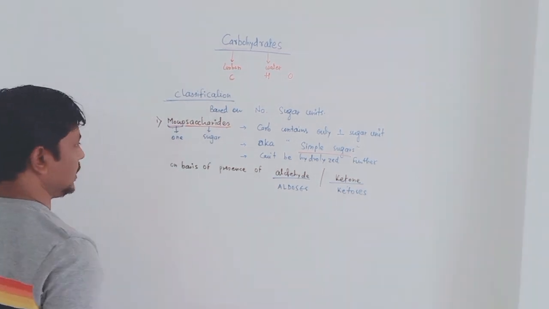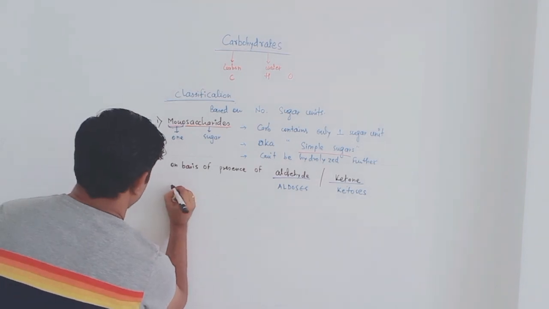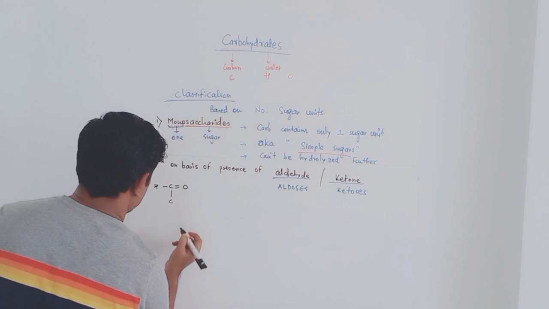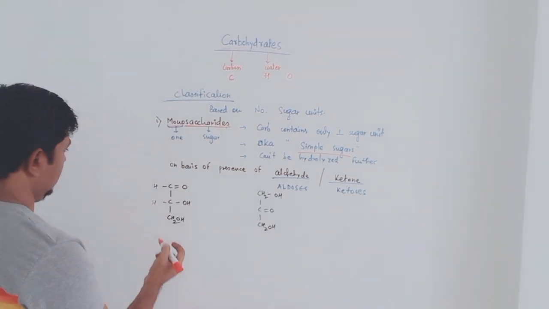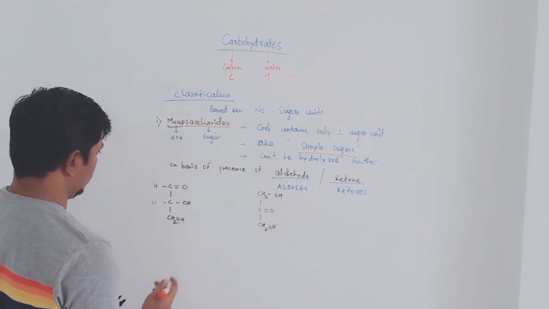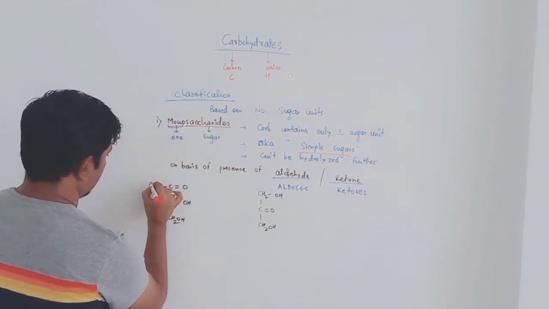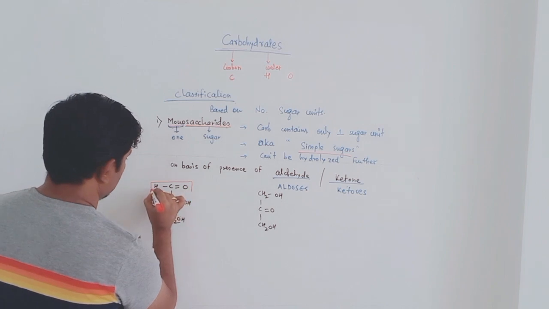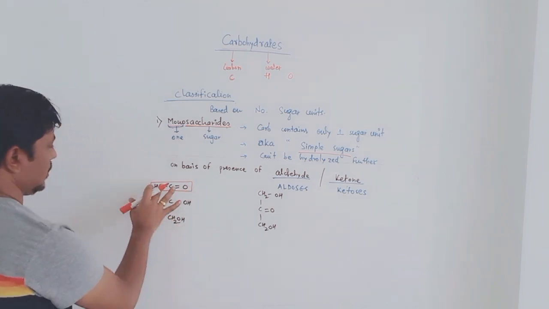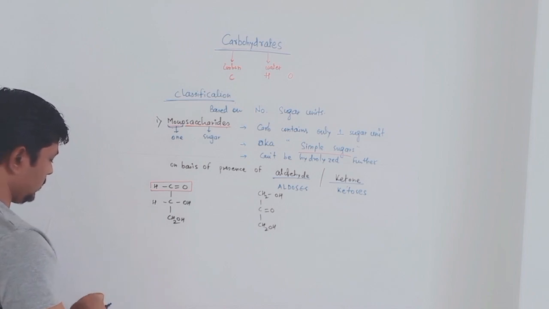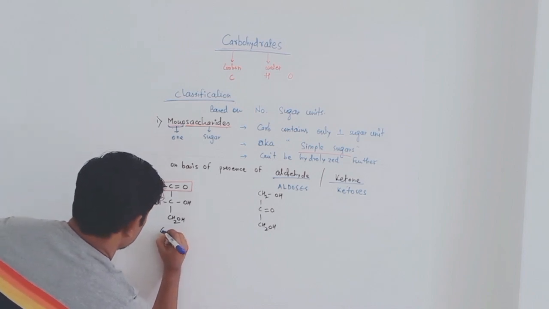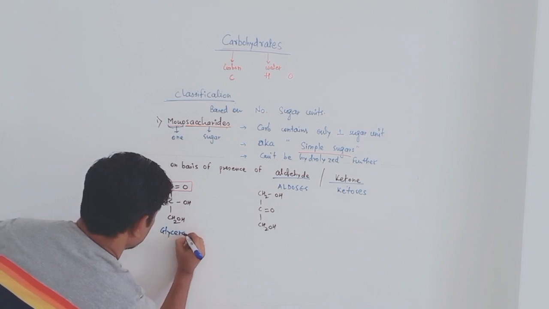So we will see an example of this. As you can see here, I have written the molecular formula for two compounds. This one contains the aldehyde CHO group, and this is glyceraldehyde.